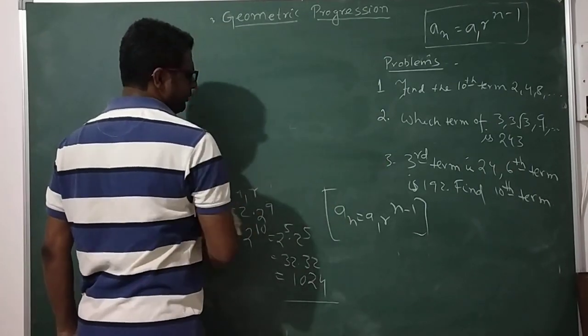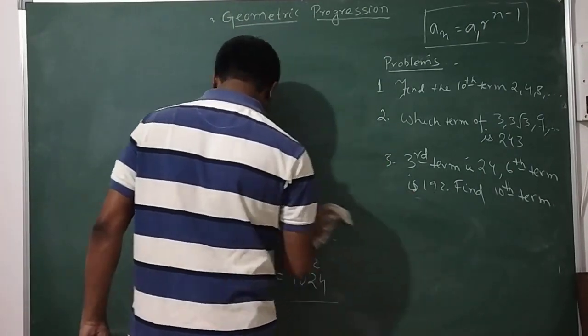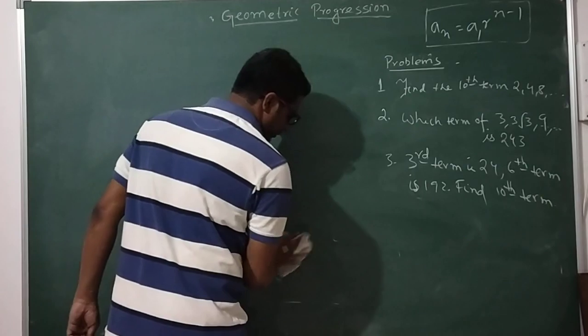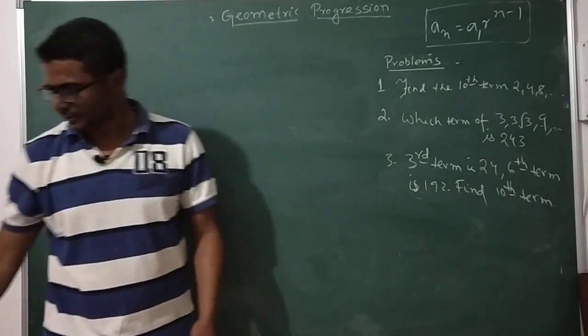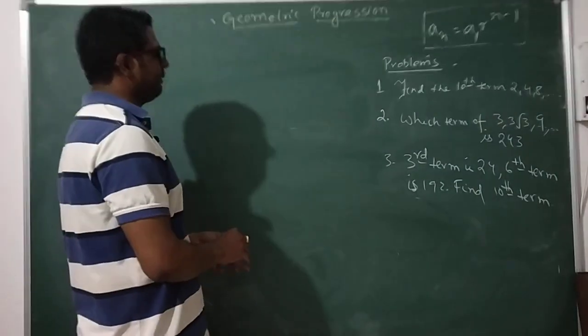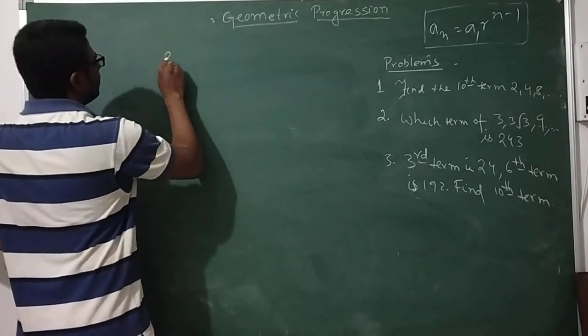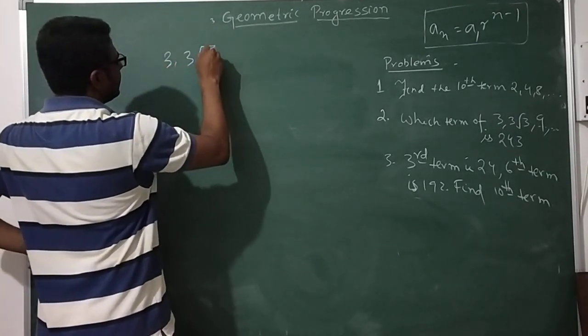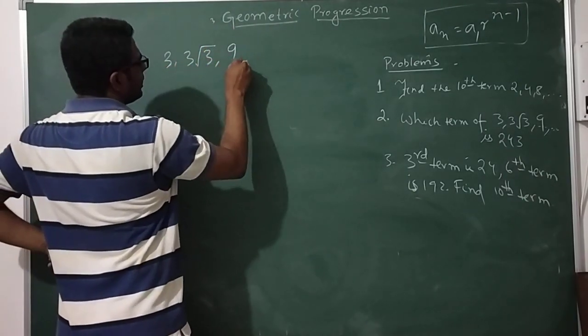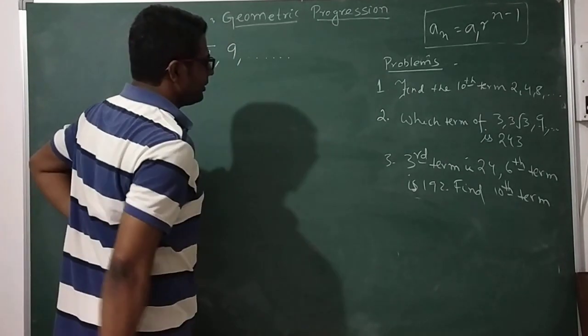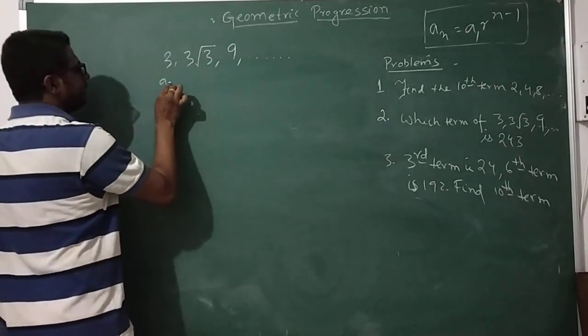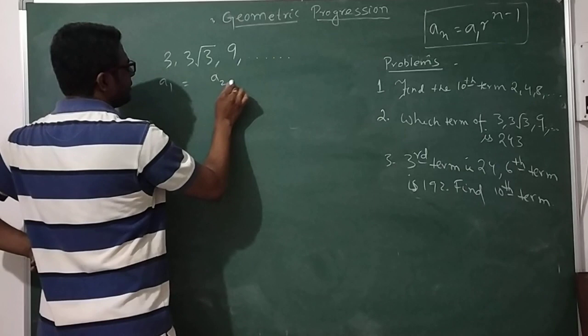The second problem we will do, and after that, we will do the next things in our next class. So what is the next problem? Let us see: 3, 3 root 3, 9, and so on. First of all, we will check whether it is in GP, AP, whatever it is.